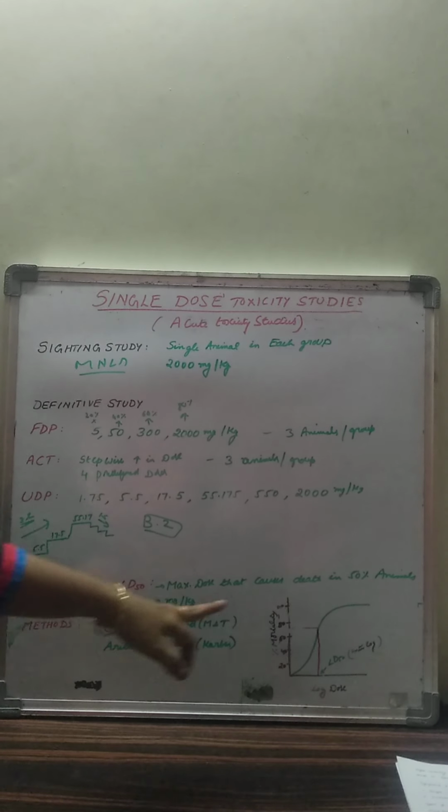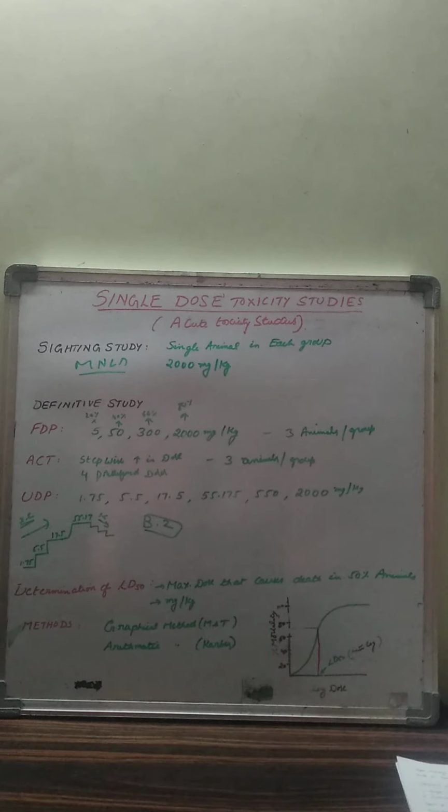Actually, this method is the graphical method, and there are arithmetic methods as well. There are many methods for the calculation, but two very popular methods are the graphical method, or Miller and Tainter method, and the arithmetic method. In the arithmetic method, by simple equation, you substitute the observations, that is the number of dead animals, into a formula so that you get the LD50 value directly.